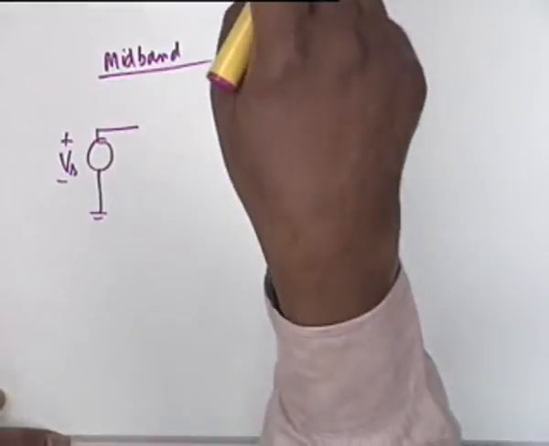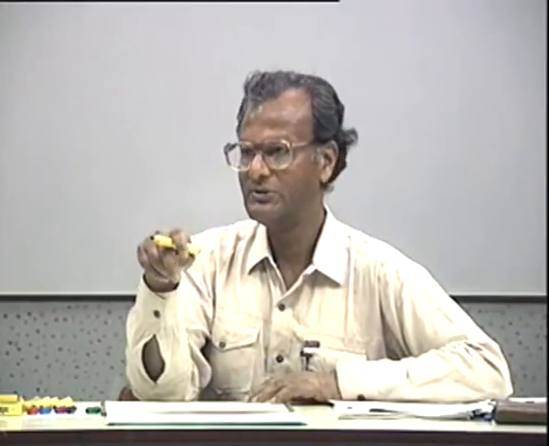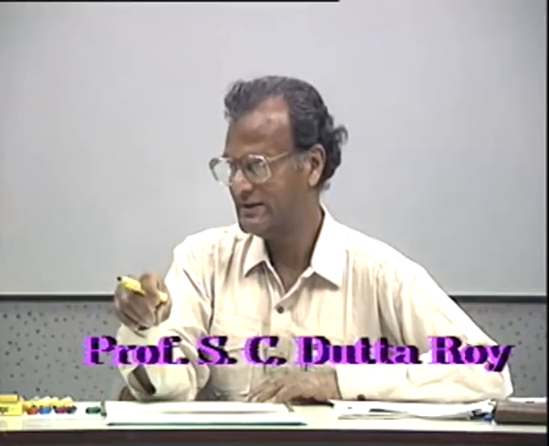You see, I did this analysis, wrote down the node equations and so on, because I wanted to show you that there are 2 zeros and 2 poles. We don't have to do this in practice. In analysis and design, all that is required is to find the mid-band gain and find FH. And of course, the input and output resistances at mid-band, that suffices.